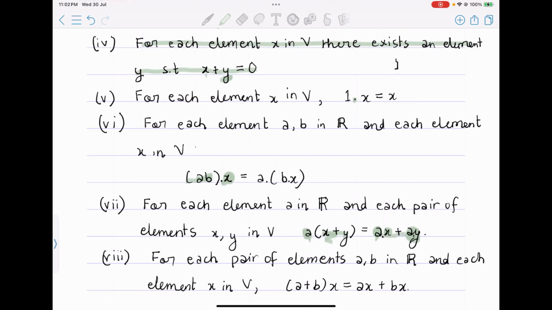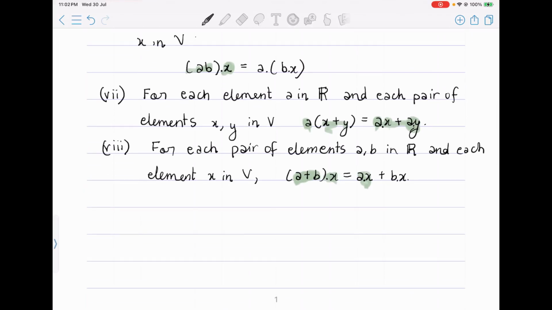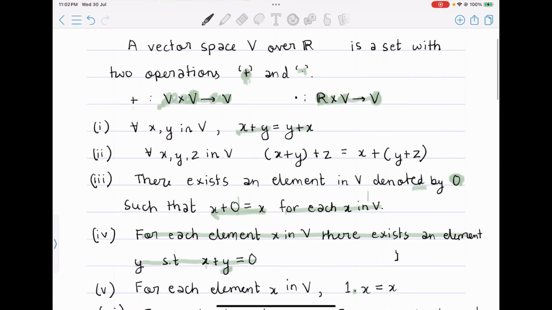This vector should be equal to multiplying each separately, where this is a dot and this is also a dot. You get a vector here, and then you add the two vectors, and the left side and right side should be equal. And here you also add two real numbers, this plus denotes addition of real numbers, and then you do this multiplication. Here this one is dot, and this one is also dot. We will often omit the dot, and you will understand from context that this is actually this function.